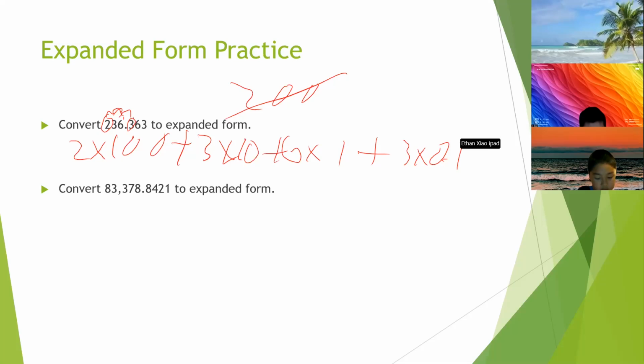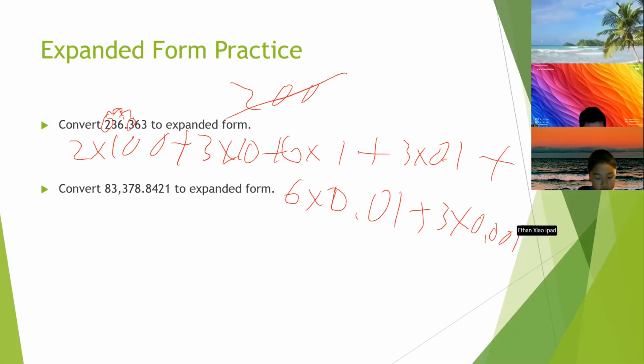If we do the same thing for the 6, we'll find out it's the hundredths digit since it's 2 digits away from the 6. So we're going to do plus 6 times 0.01. If we do the same thing for 3, we just get 3 times 0.001. So this is the answer to the first question. Now I'm going to give you some time to do the second question before I go over it.